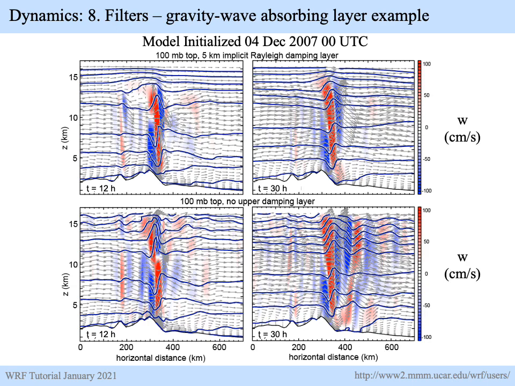And you can see the reflected waves in the bottom panel, particularly at 30 hours. The wave reflection is very clear, and these are just spurious. So again, I think for real data applications, you should feel comfortable having that on in your default configurations, even though it's not on in the default ARW configuration.